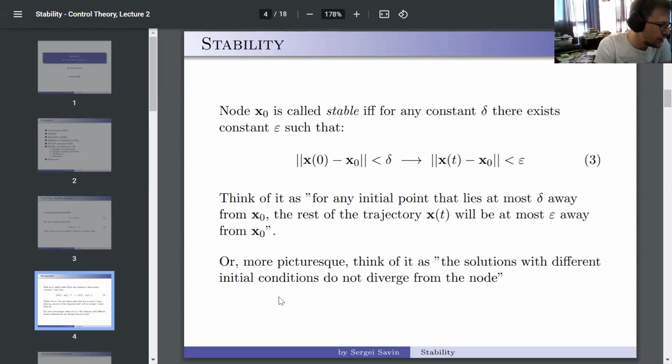So now we can discuss the idea of the stability of a node.